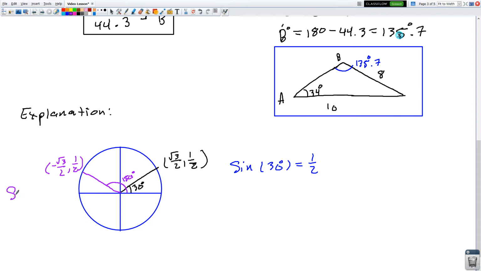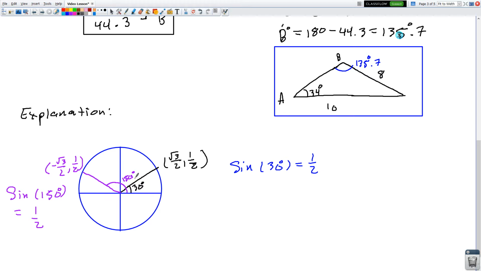If we take the sine of 150, we're still going to encounter 1/2. So notice that there are two angles right here that give the same result. The sine of 150 is 1/2, and the sine of 30 is 1/2.